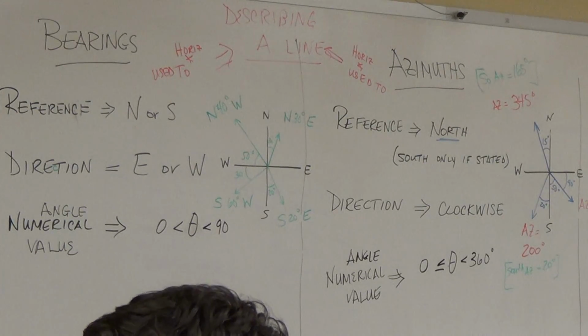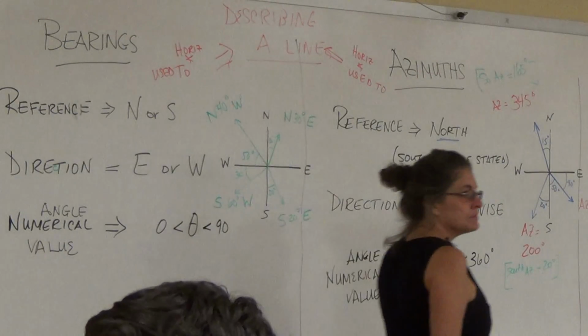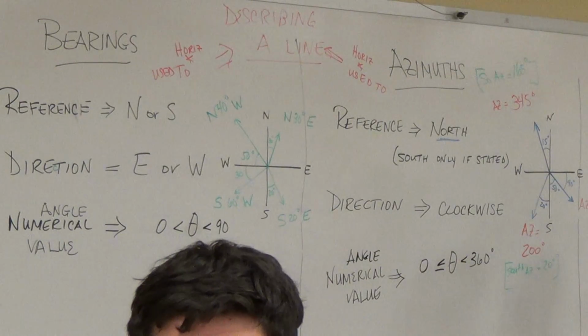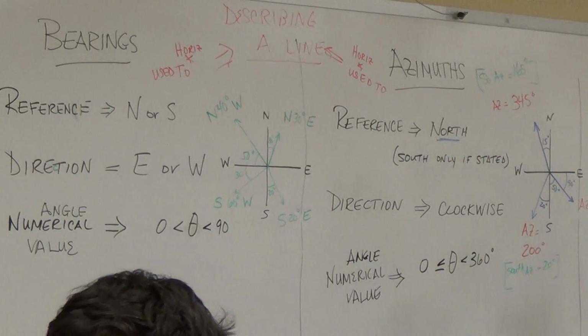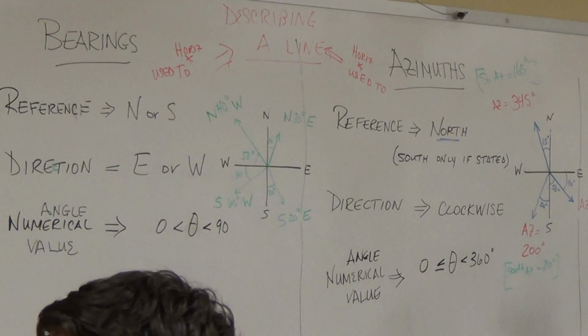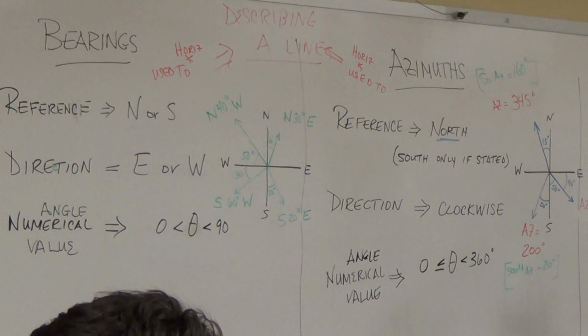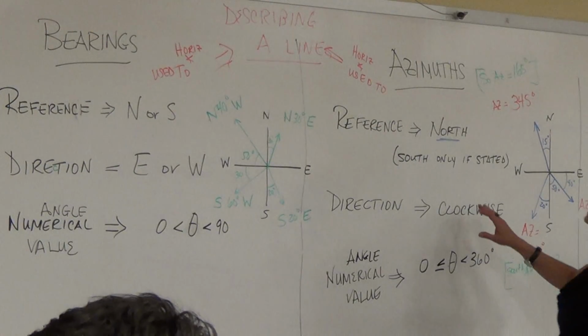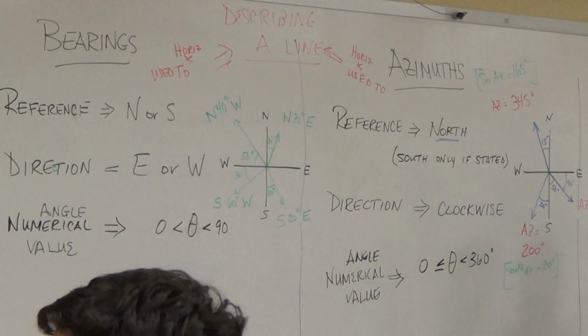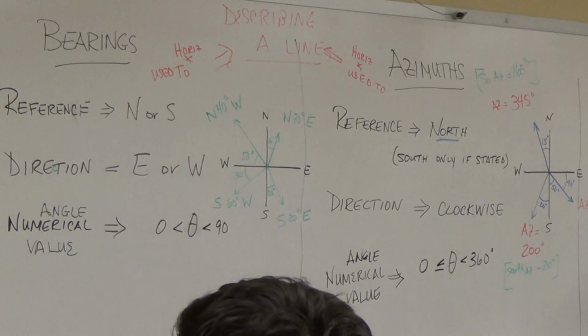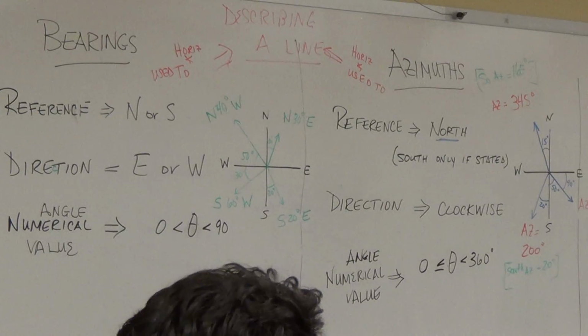Yeah, I've heard land navigation is done with azimuths. Oh, really? Yeah. Okay. And bearings are used a lot in boat navigation, ship navigation. Okay. And azimuth, I'm not sure why. Good question. But I've seen them. Fair enough.